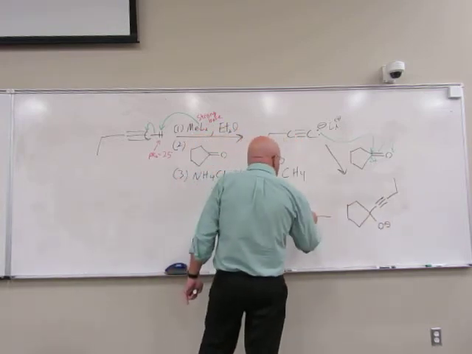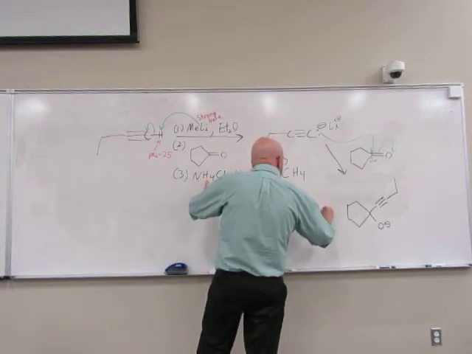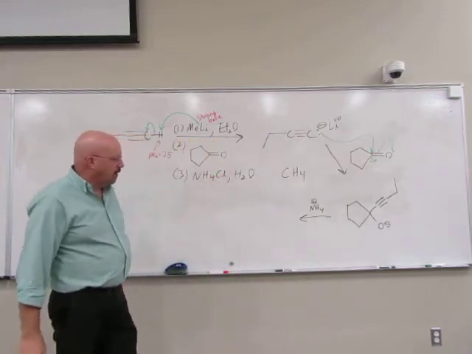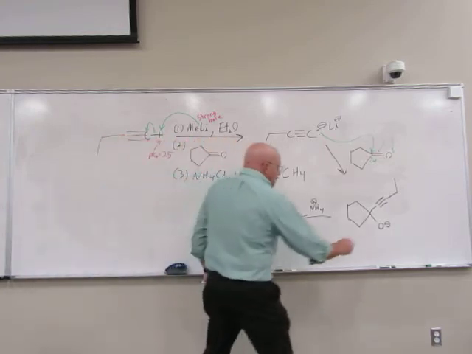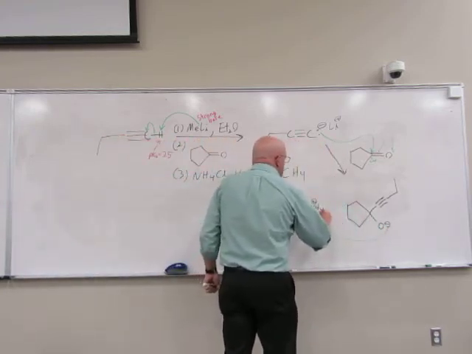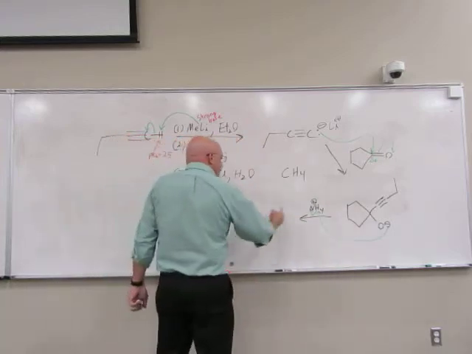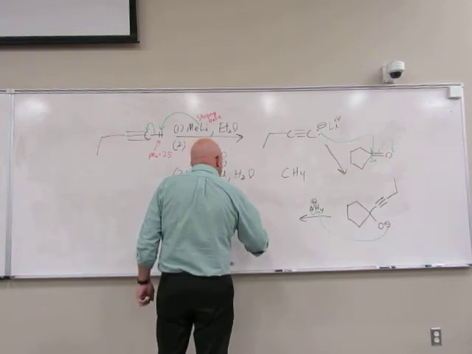Until the last step, we add in acid. Ammonium chloride is an acid. There's a full plus charge on that nitrogen, full negative charge on the chlorine if you want to show that. But it's the ammonium group that's the acid part. So this will pick up a proton off of the nitrogen. Then that nitrogen can become neutral, so that's why it's a good acid.